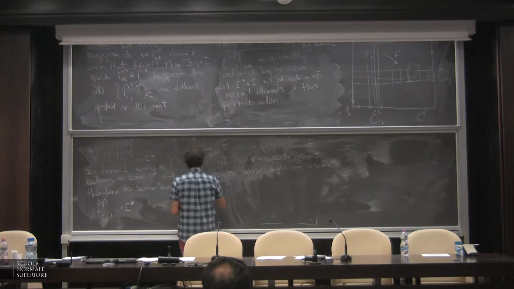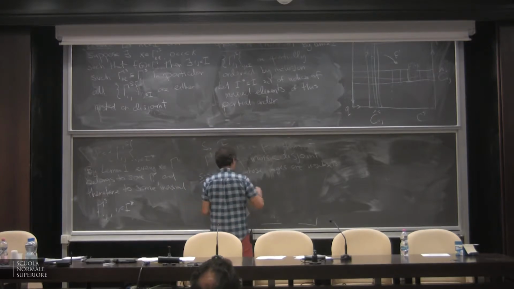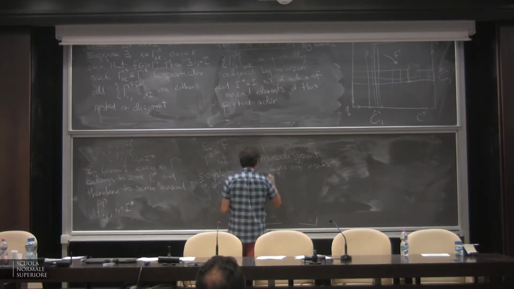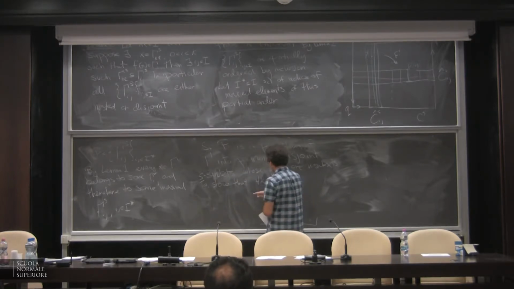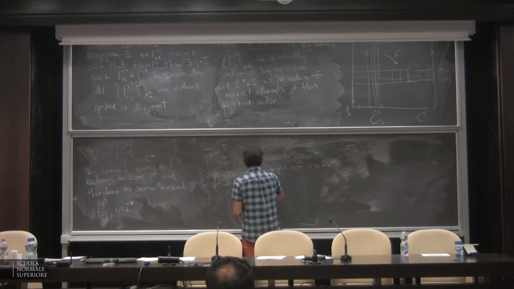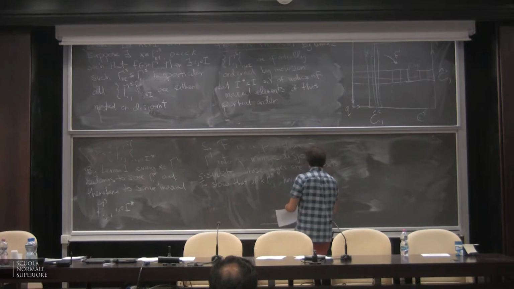Suppose by contradiction, so to show that all x in gamma Sij have first return time tau of x equal to I.